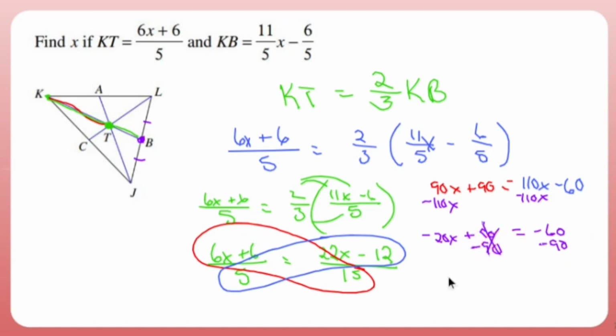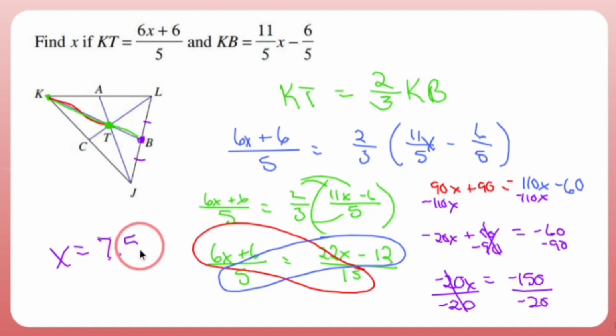And that gets me negative 20x equals negative 150. Divide both sides by negative 20. And x equals positive 7.5. Ooh, not fun at all. But that's medians. They're just not fun.